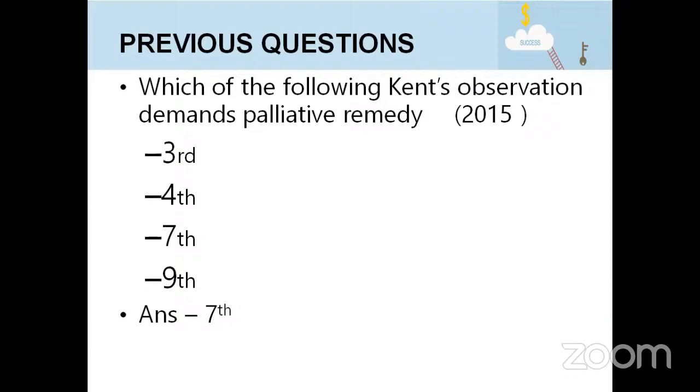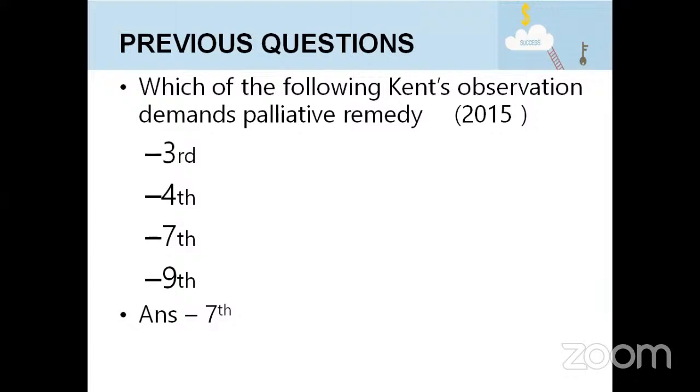That was asked in 2015 in the MD exam. And what it states is that it is the seventh observation, where there are more pathological changes and palliation can only be done.